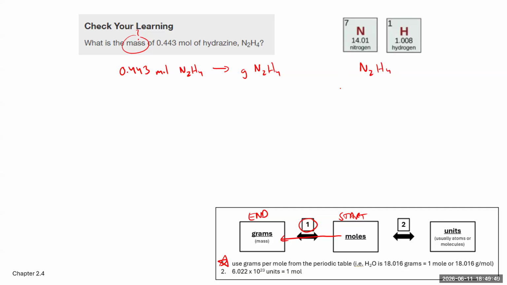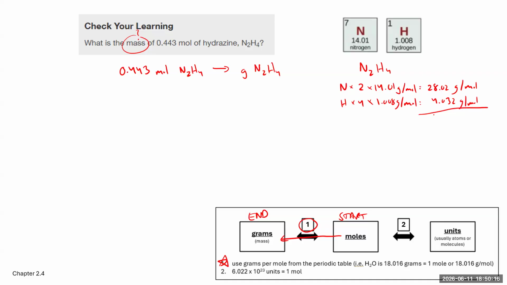N2H4, right? We have N, we have two of those. Each of those are 14.01 grams per mole. H, and we have 4, that's 1.008 grams per mole. I can do this math in my head. And this is 4.032 grams per mole.